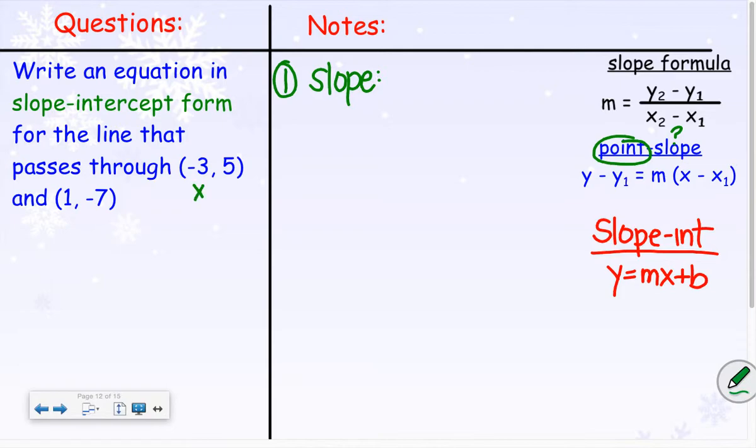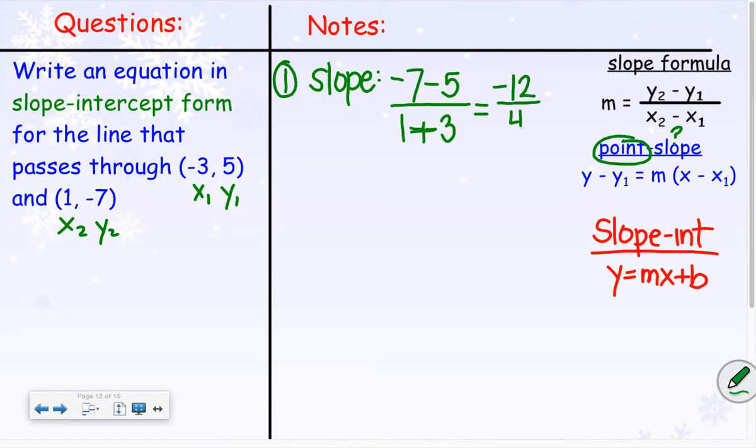Label my ordered pairs. So y2 minus y1 over x2 minus a negative 3, so that one will become a plus. So negative 7 minus 5 makes negative 12. 1 plus 3 makes 4. So this time my slope is negative 3.